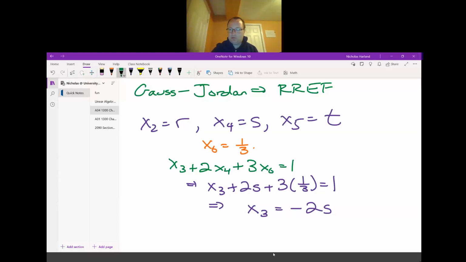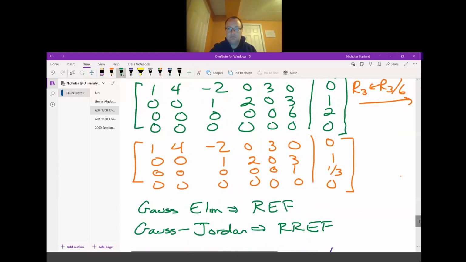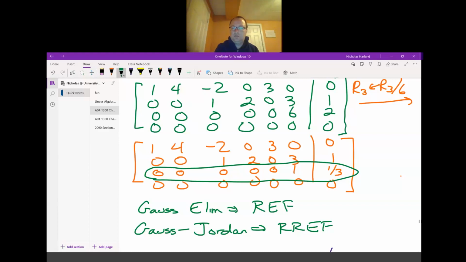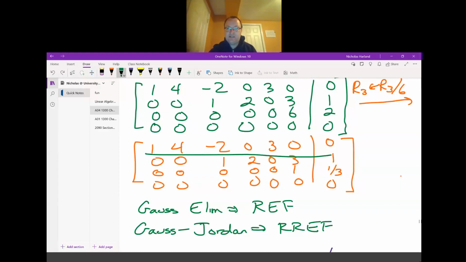The negative 2? Oh, did I write something wrong? I don't see a -2 in row 3. Oh, column 3. Oh, yeah. I mean, that's part of row 1. We haven't dealt with row 1 yet. That's coming next.